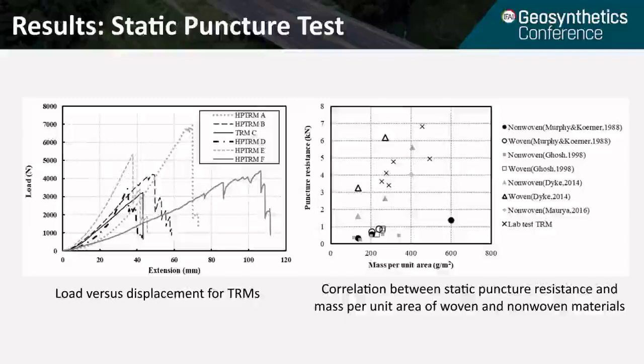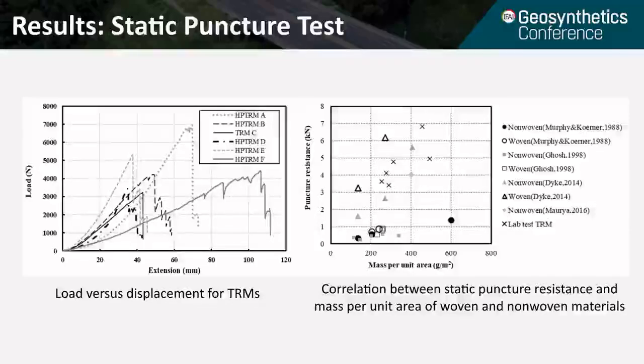The static puncture strength of each specimen is obtained from the maximum value of load in the load displacement curve. Among the 6 specimens tested, HPTRM-A has the largest puncture strength to failure. HPTRM-F has the longest extension, while HPTRM-D has the shortest extension.